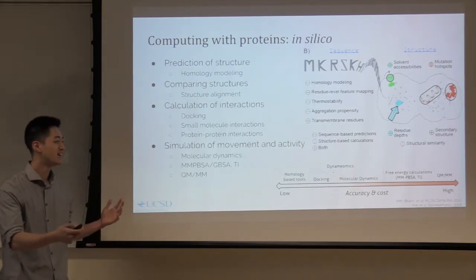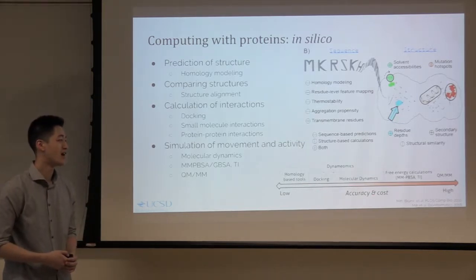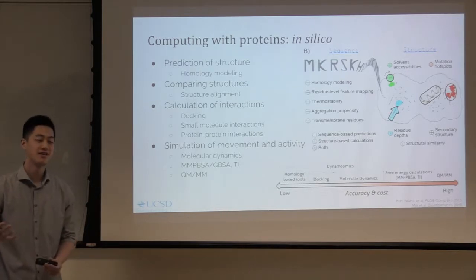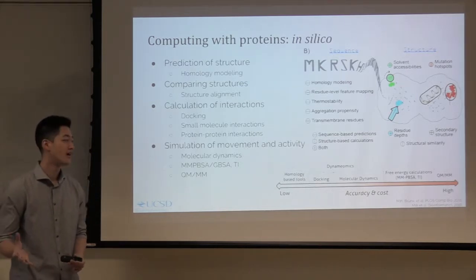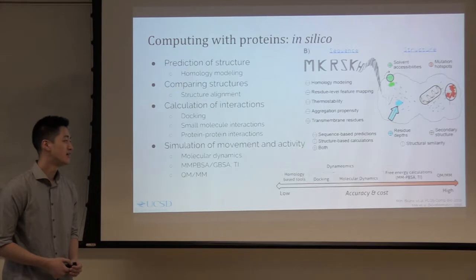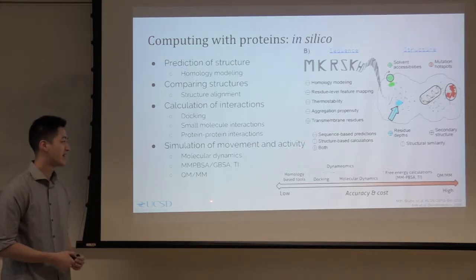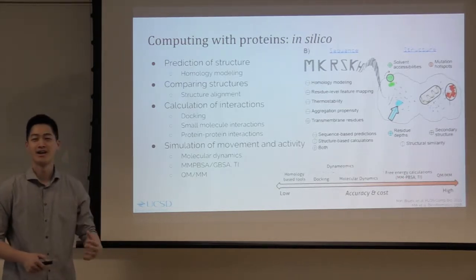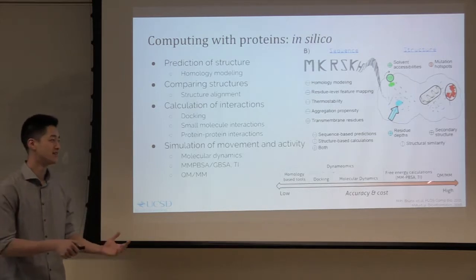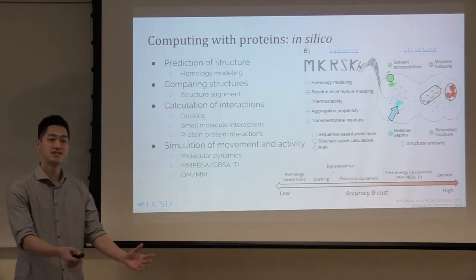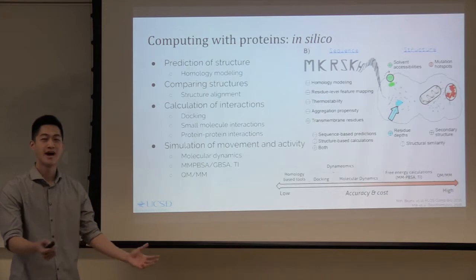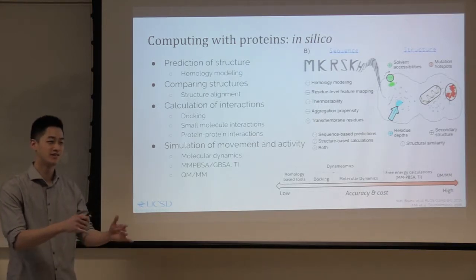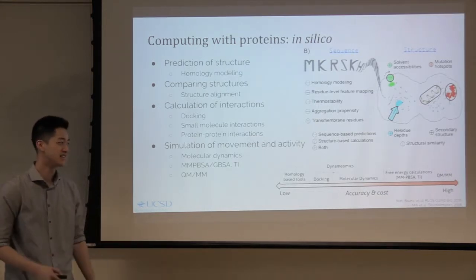And so here's just kind of a scale of how accurate and how expensive computationally these methods are. It's laid out here as well, but I don't think these methods can be applied at a genome scale, especially QM/MM. That actually simulates a reaction happening, with the bonds changing and stuff like that.